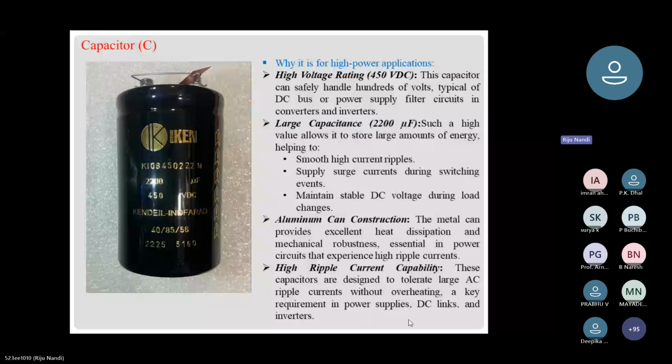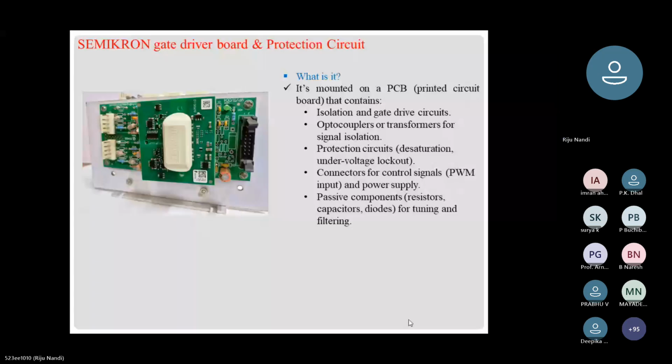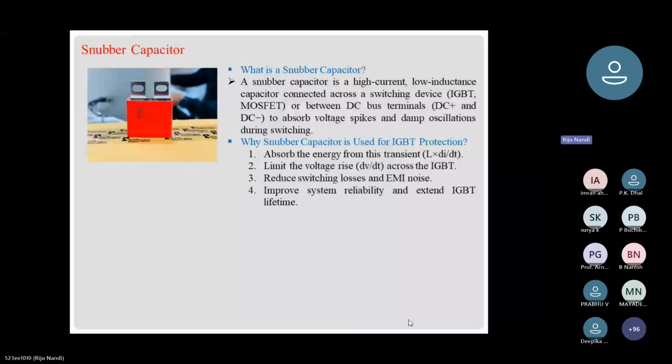Because both switches are in anti-parallel. Suppose you are using a half bridge, so you have to turn off one switch, then it will go to the other switch. At that time you have to give the -7 voltage to turn off that switch, and you have to use some voltage shifter also, because if both are turned on at the same time, the switch will be damaged by short circuit.